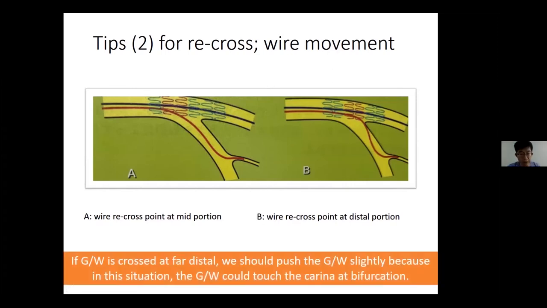If the guide wire is close at the far distal, we should pull the guide wire slightly, because in this situation the guide wire could touch the carina at the bifurcation. But if the guide wire recross point is at the proximal side, when the wire is pushed, it doesn't touch the carina. This is a good technique without imaging devices.